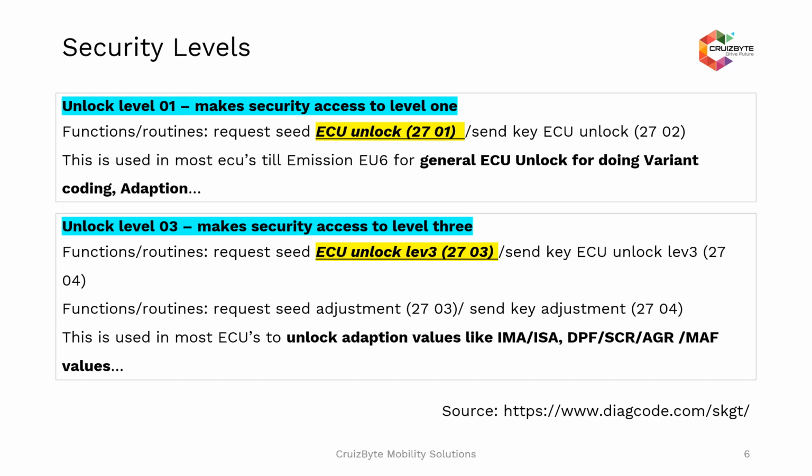The second one, unlock level 03, makes the ECU security access level 3, might be the next level of access in the ECU, and it's used to unlock the adaptation values like IMA, idle speed adjustment, diesel particulate filter adaptation values like that.